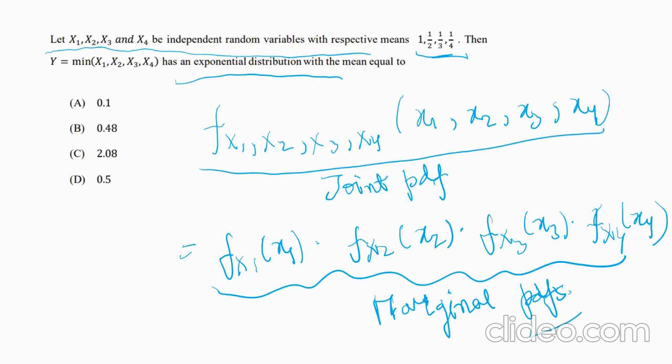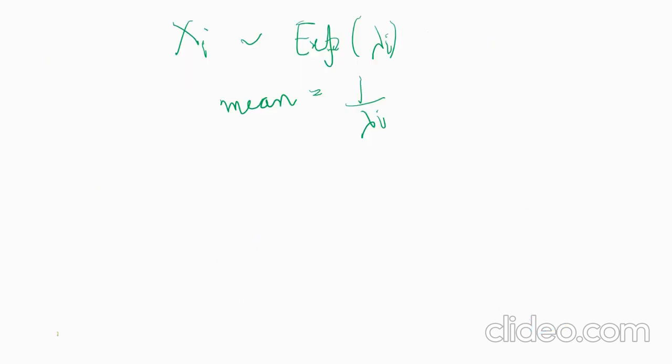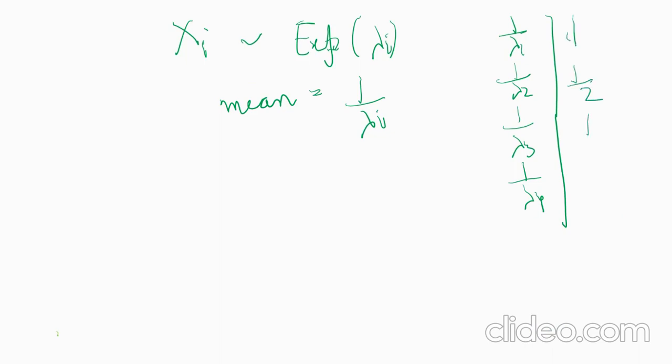So you are given 1/lambda1, 1/lambda2, 1/lambda3, and 1/lambda4 as 1, 1/2, 1/3, 1/4.